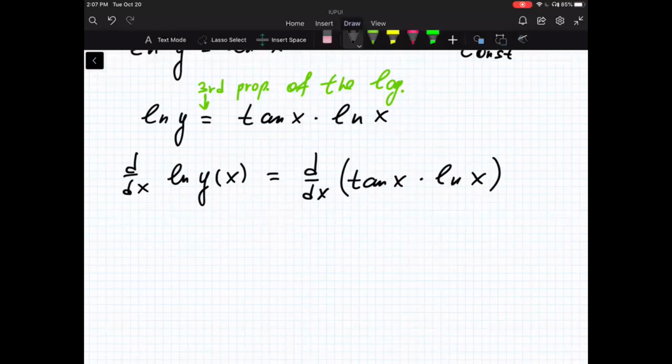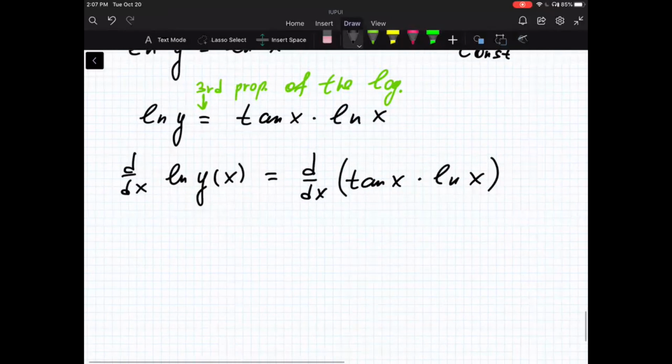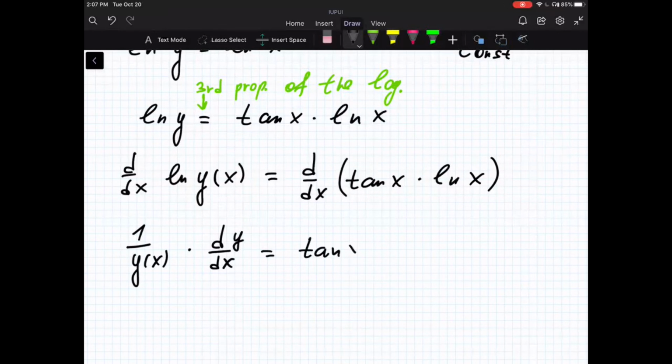So the derivative of the logarithm of y using our rule is 1 over y of x times the derivative of y. And it's equal to, first of all, I need to use the product rule. And that gives me, let's differentiate first the logarithm. So it's tangent of x times the derivative of the log, which is 1 over x, plus the derivative of the tangent, which is secant squared of x, times the logarithm of x.